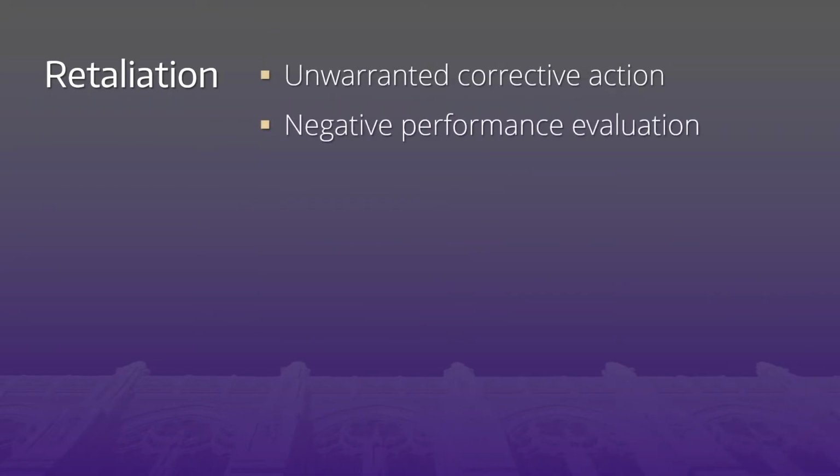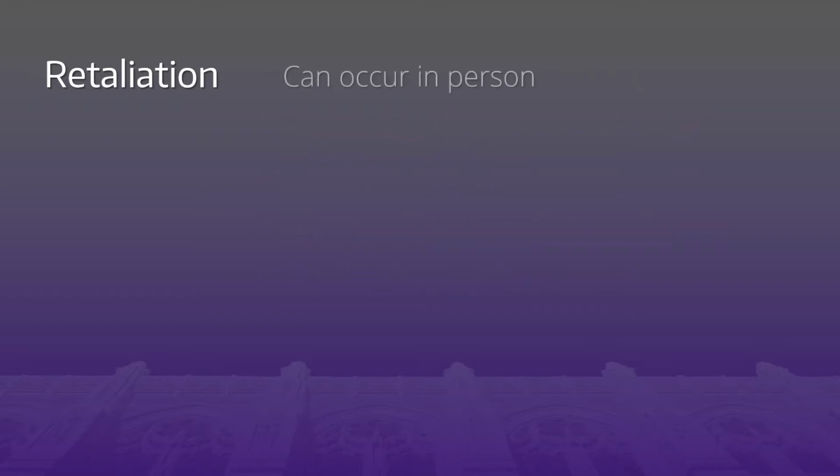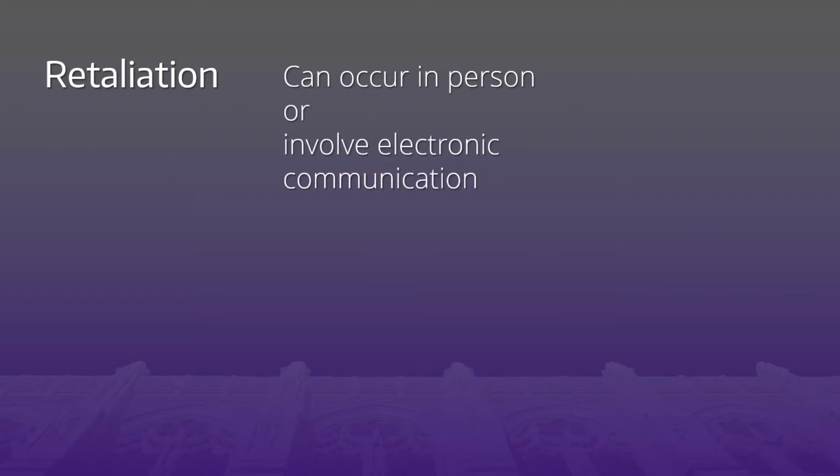Retaliation can include unwarranted corrective action, a negative performance evaluation, or even being fired, unfair treatment in a class or lab, or an unearned poor grade or academic evaluation, treating the affected individual in a hostile manner, or encouraging others to do so. Retaliation can occur in person, or involve the use of social media or other electronic communication.